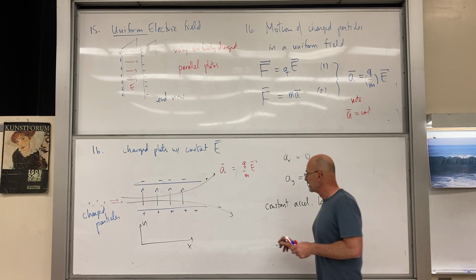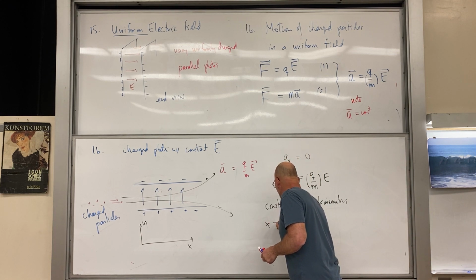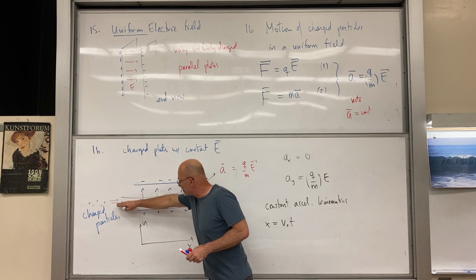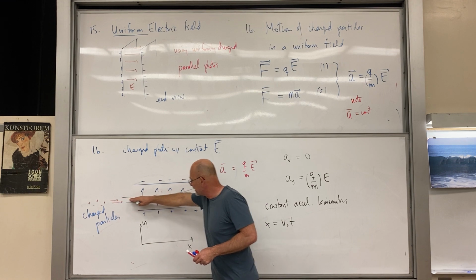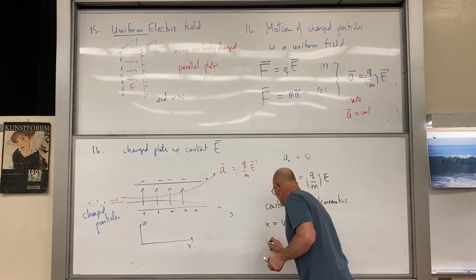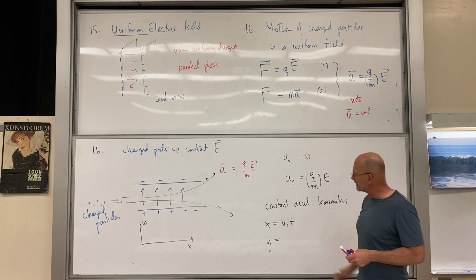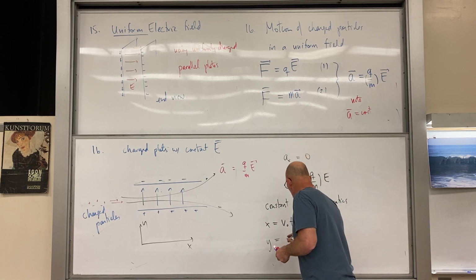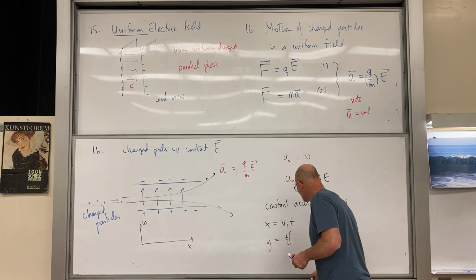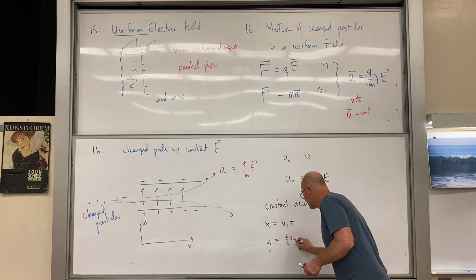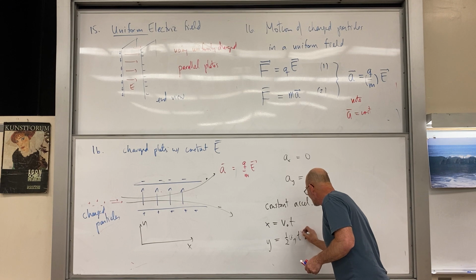So what do you have? You would have x is equal to v0 t. That's the x coordinate of these things. But y is equal to, well, they're coming in horizontally, so we have nothing there, 1/2 a sub y t squared.